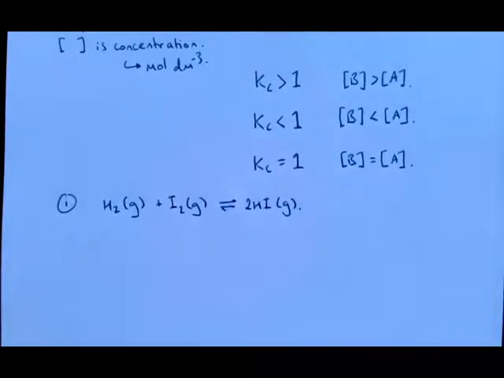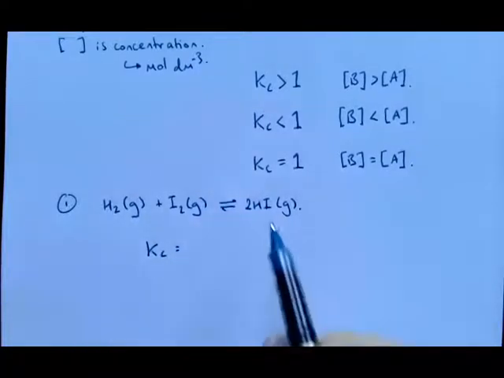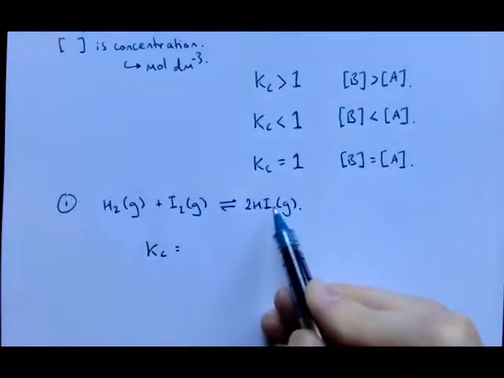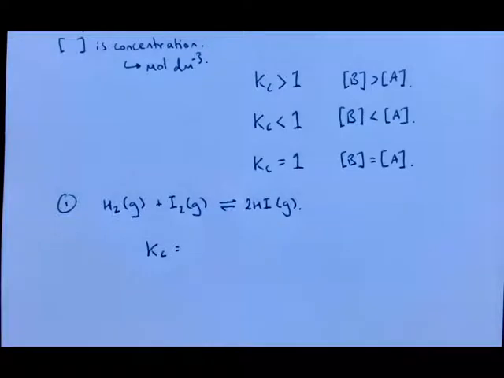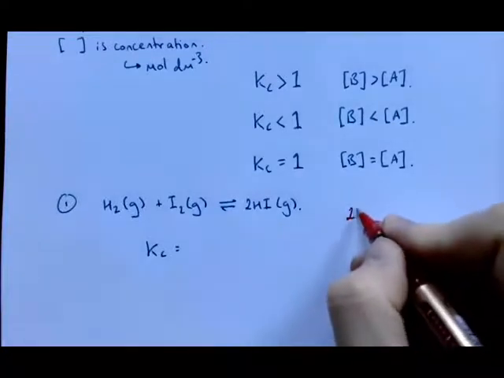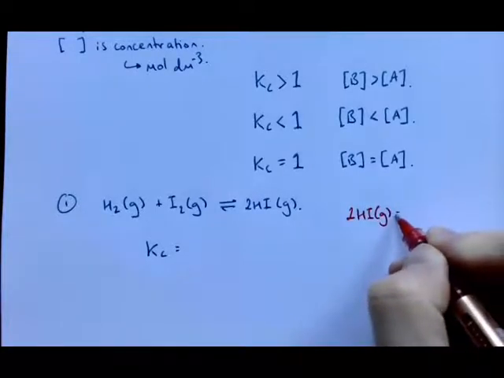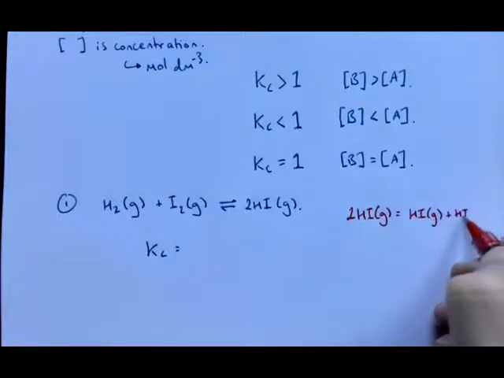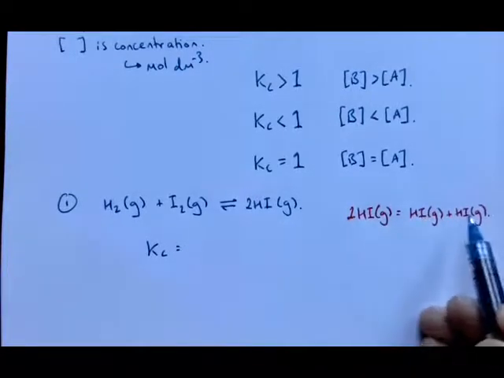Okay, now Kc is going to be, remember, the products divided by the reactants, and the products are all multiplied together. So here where I've got 2HI, that really is the same as HI plus HI, which means I can just multiply these two together.